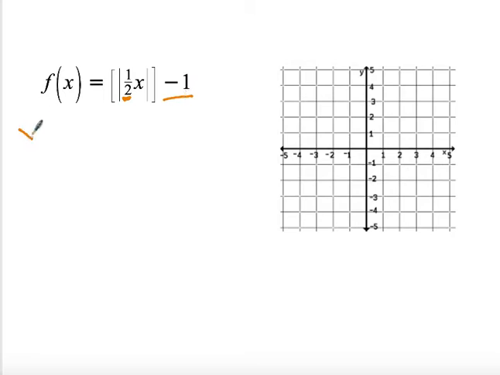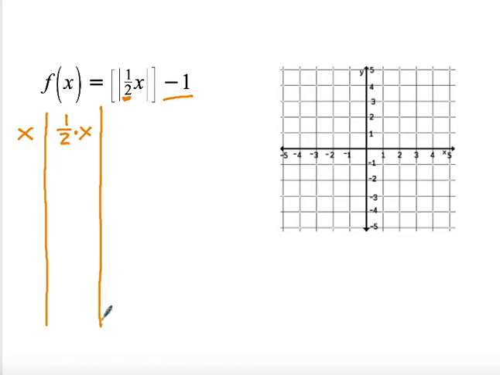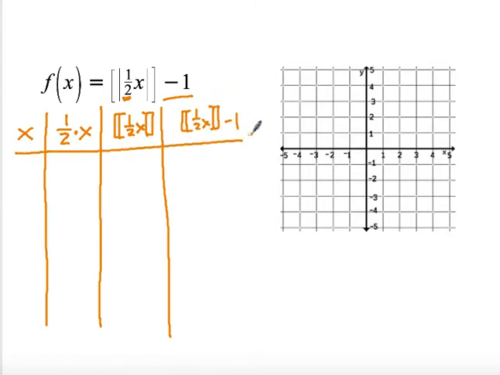I'm going to do my input, and then I'm going to do the inside first. So I'm going to multiply a half times my input, and then we're going to round down. And last, after I round down, we're going to subtract 1 from each value.